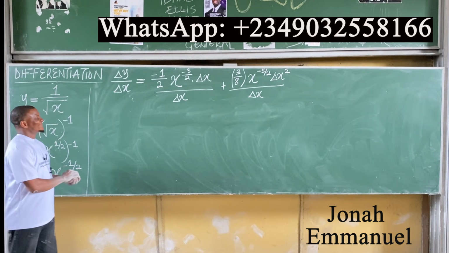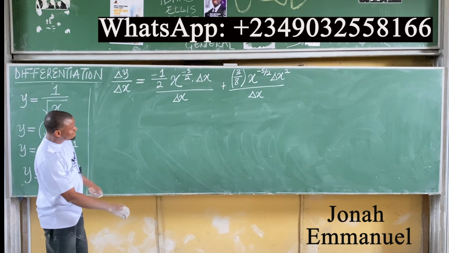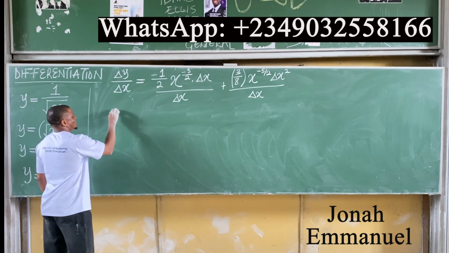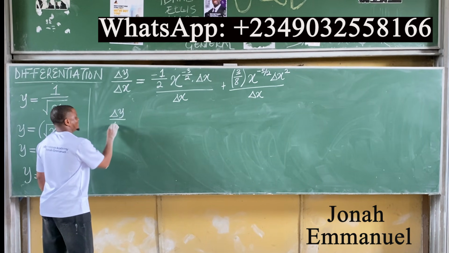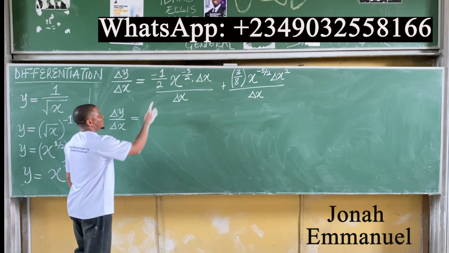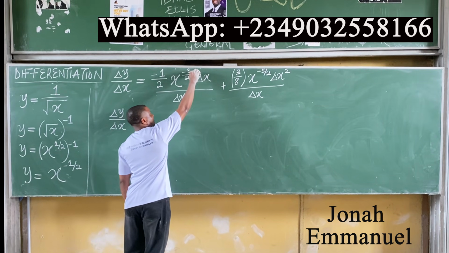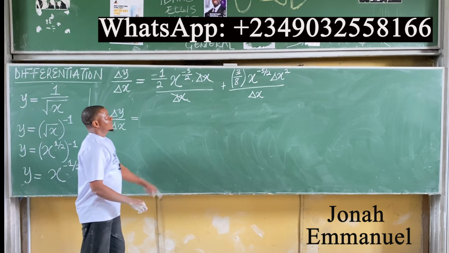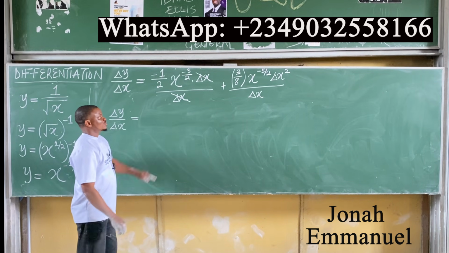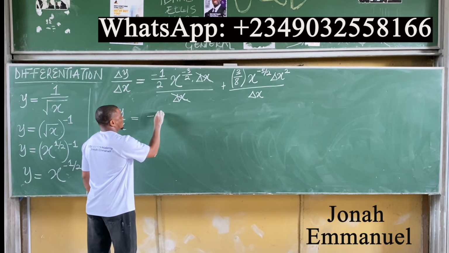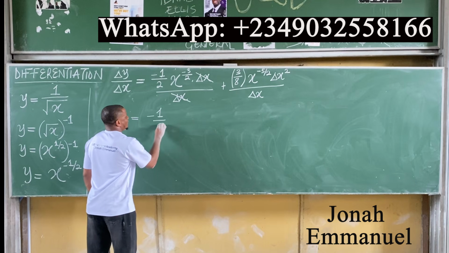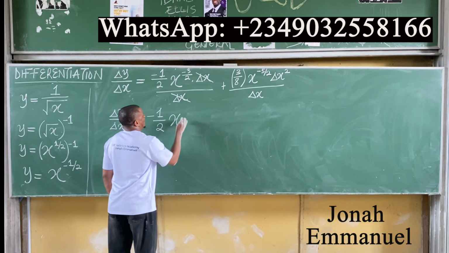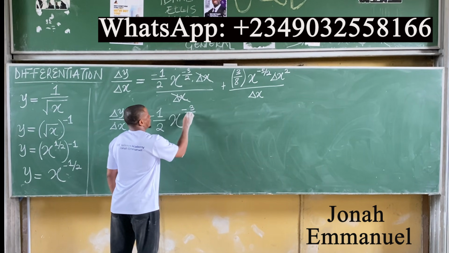Back to business, please. All right, from here I have change in y over change in x. It's equal to, from here, it can be seen that this will cancel this. This is all over 1. So I'm left with minus 1 over 2 x to the power minus 3 over 2.